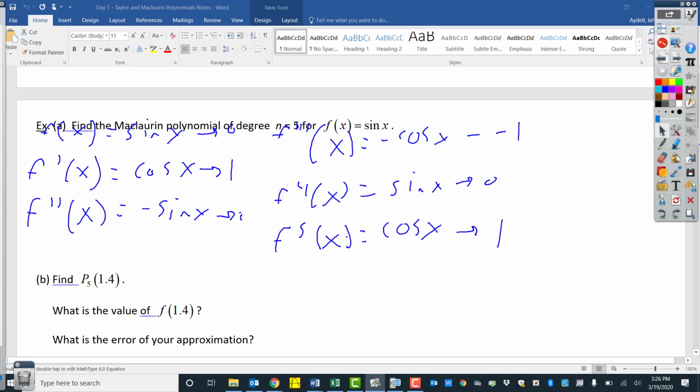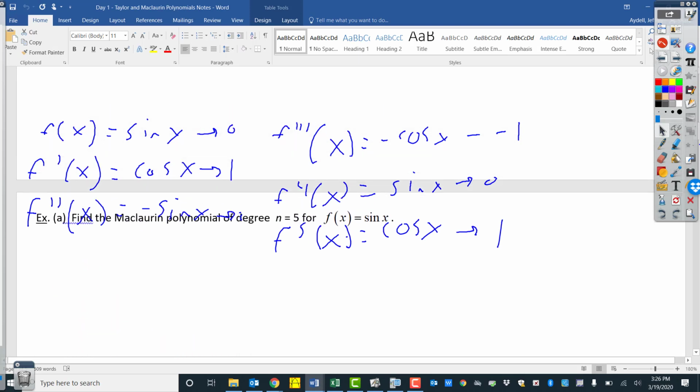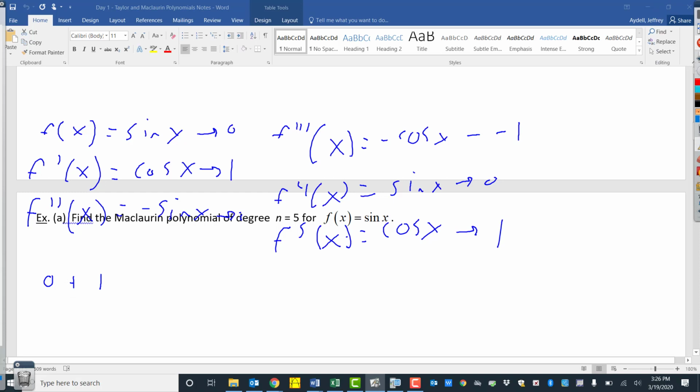So let's look at this. Let me give myself some more room to write down here. Okay, so we start with f of 0, which was just 0, plus f prime of 0, which is 1, times x, plus f double prime of 0, which is back to 0, times x squared over 2 factorial, but because this was just 0, that just goes to 0, plus f triple prime of 0, which is -1, times x cubed over 3 factorial, plus f to the fourth derivative of 0.